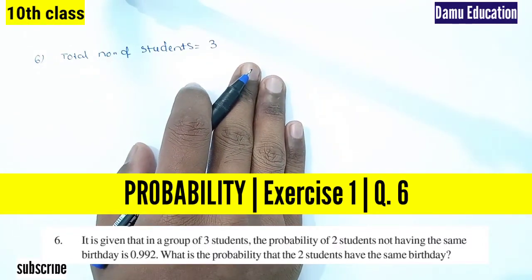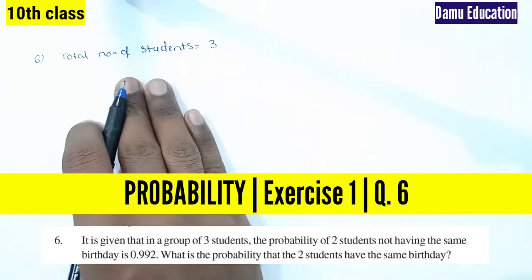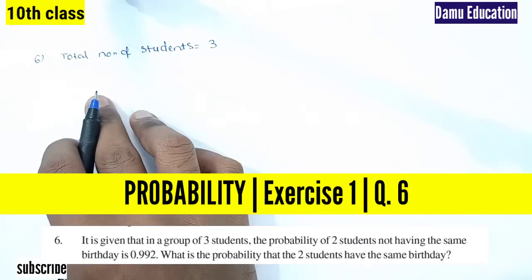The probability of two students not having the same birthday is 0.992. We need to concentrate on not having.